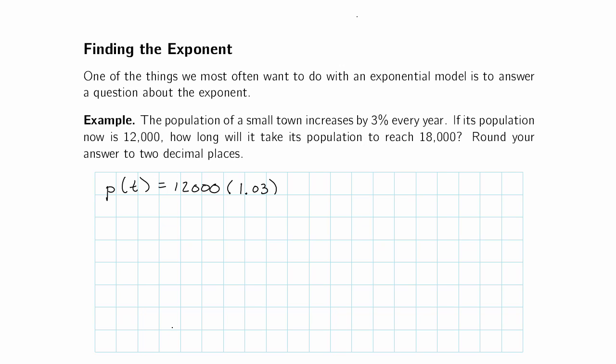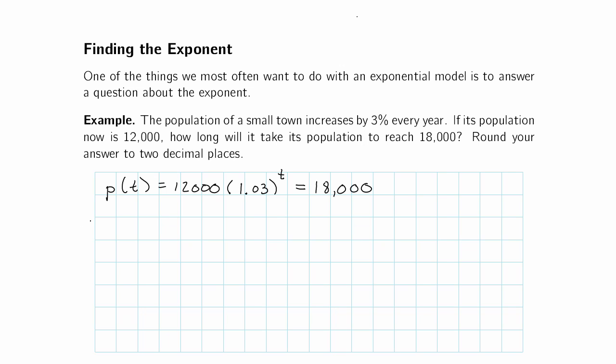How often do we do that? Every year. So we'll measure our time in years, and our exponent is just t. And we want to find t so that that equals 18,000. So now we have an exponential equation, and we need to solve it.